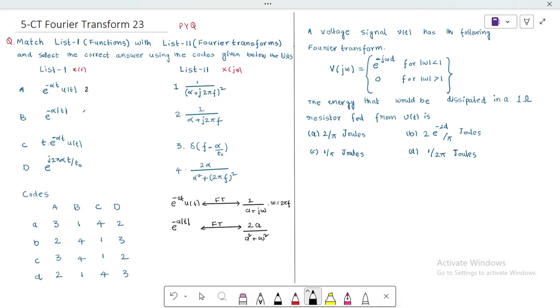This is the fourth one. So t into e power minus alpha into u of t, this is the differentiation property.